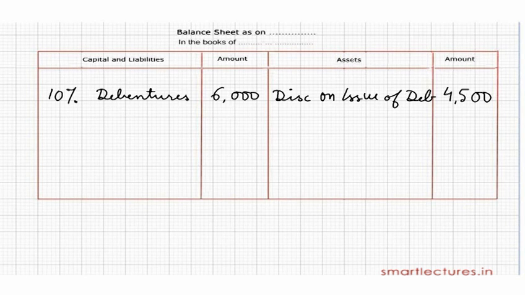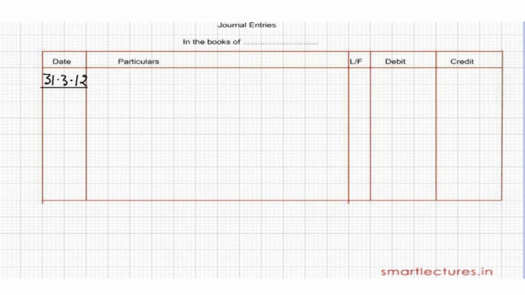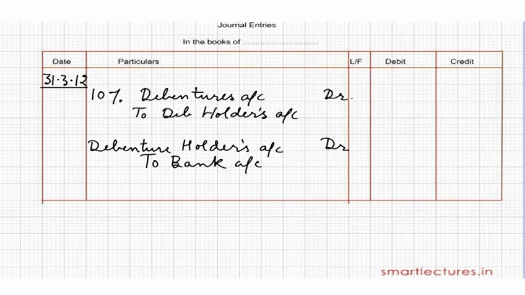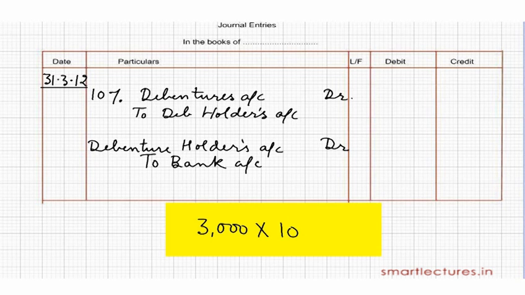31st March 2012. Today we have to do two things. We have to redeem 3,000 debentures, and number two, we have to write off the discount account. So the journal entry will be 10% debentures account debit to debenture holders account, debenture holders account debit to bank account. And the amount will be 3,000 into 10, 30,000 rupees for both of them.